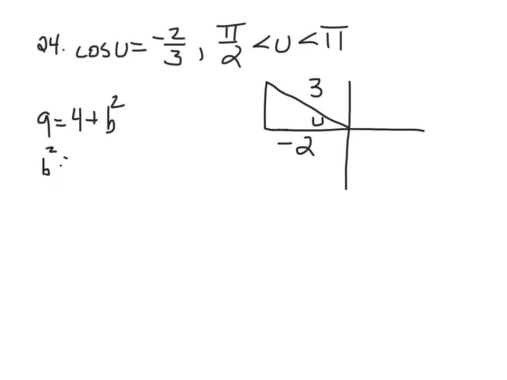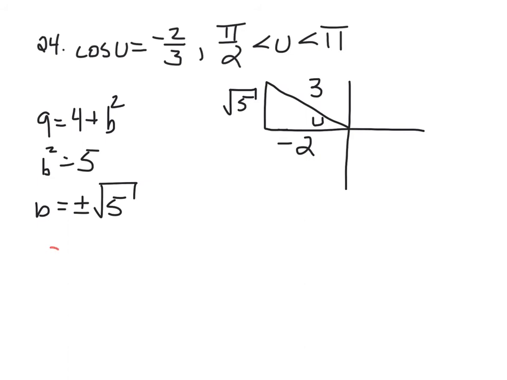So b squared would equal 5, and then b would equal positive or negative radical 5. In this case, it is going to be the positive because we're in the second quadrant, right above the x-axis. So now there's your triangle, and now we're really just going to mess around with these double angle formulas a little bit more. I'll try to go a little quickly through these.